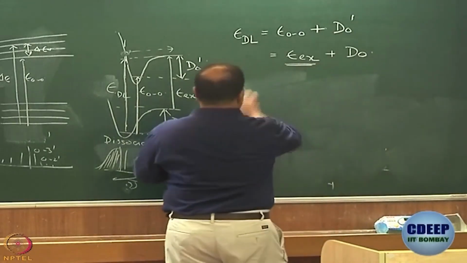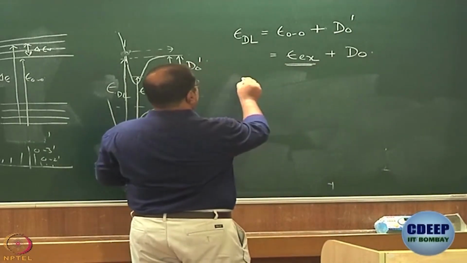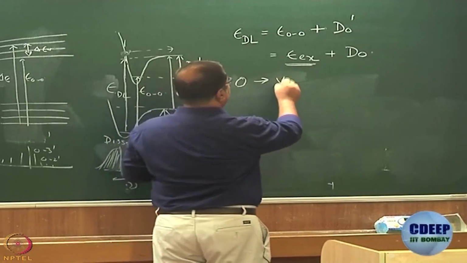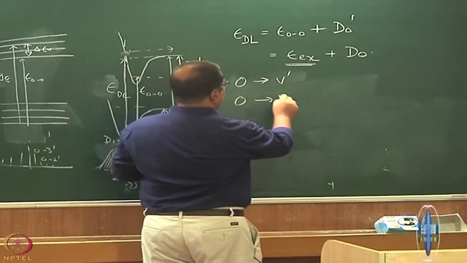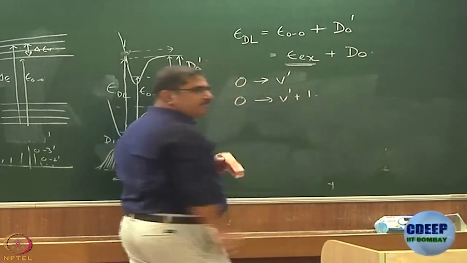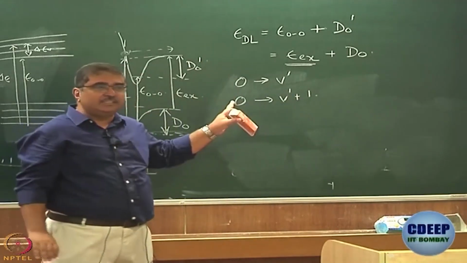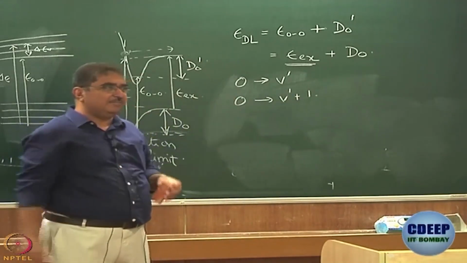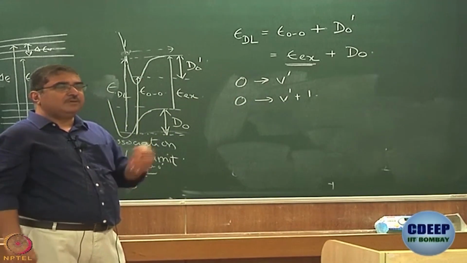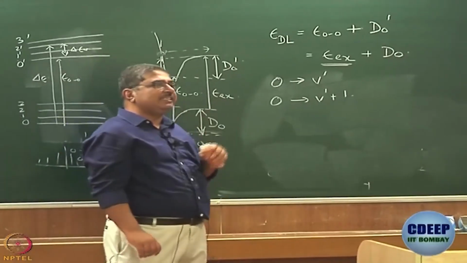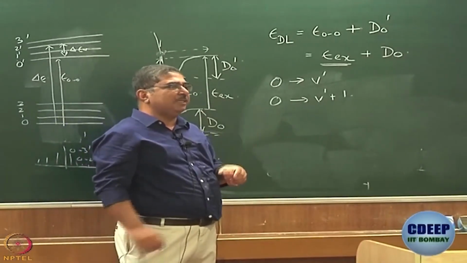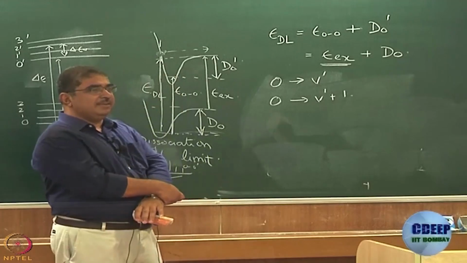Can you tell me? I take 0 to v dash and 0 to v dash plus 1. You can work out the expressions for that. Let us do it. Let us work out the expressions for 0 to v dash transition and 0 to v dash plus 1 transition. What will it be?